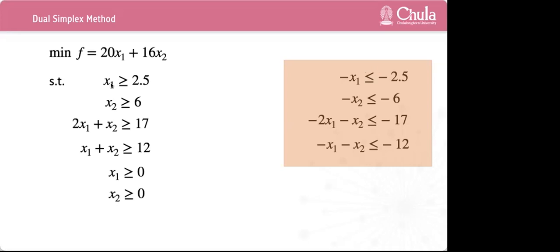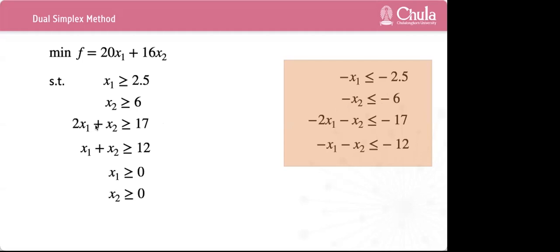For example, the first one, x1 is greater or equal to 2.5. You multiply both sides of the expression by -1, so it becomes minus x1 lesser or equal minus 2.5. And the second constraint, x2 is greater than or equal 6, becomes minus x2 lesser or equal minus 6, right?